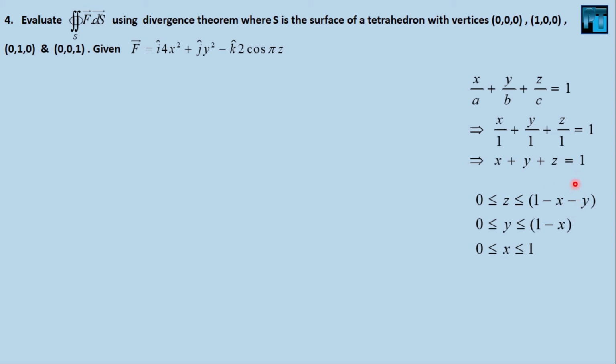Now when we reduce one variable, we put the variable equals to 0, so we are dropping z. Now we have x plus y equals to 1, so y will vary from 0 to 1 minus x. Now we drop the y, then we are left with x equals to 1, so the limit of x will be 0 to 1. Clear?